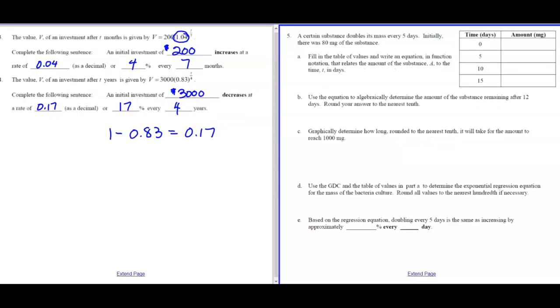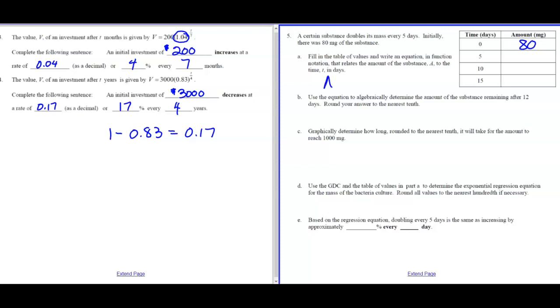All right. Another example here. A certain substance doubles its mass every 5 days. Initially, there are 80 milligrams of the substance, so 80 goes in here at time 0. Fill in the table of values and write an equation in function notation that relates the amount of the substance A to the time in days.